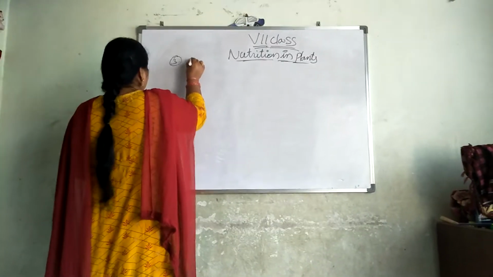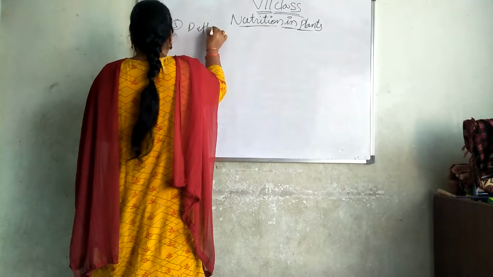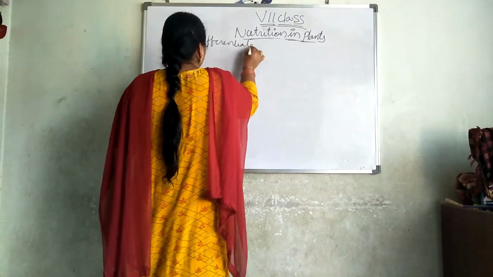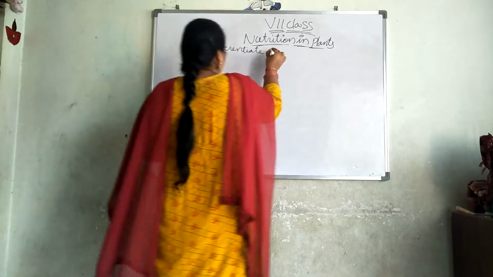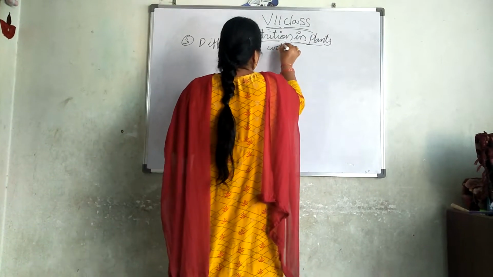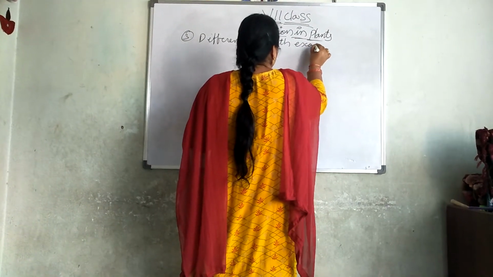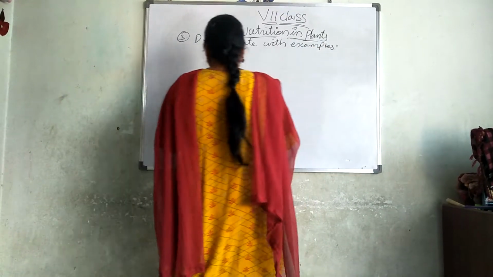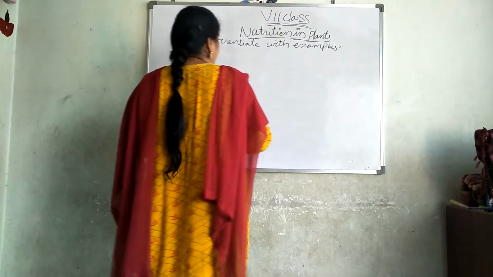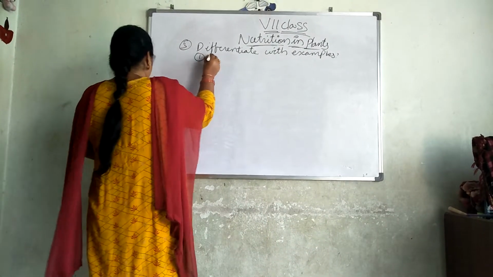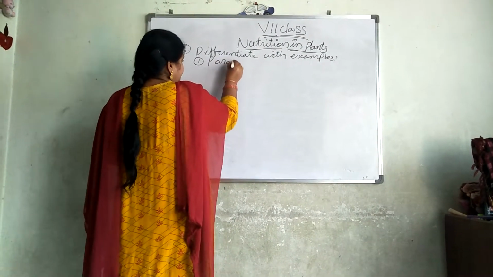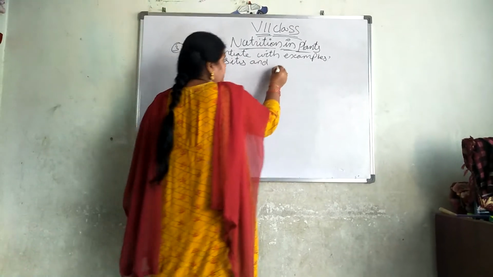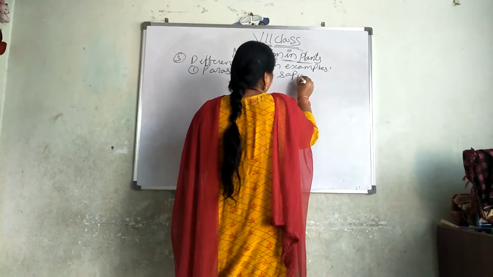Next one is: differentiate with examples. What do we have to differentiate with examples? First one is parasites and saprophytes.